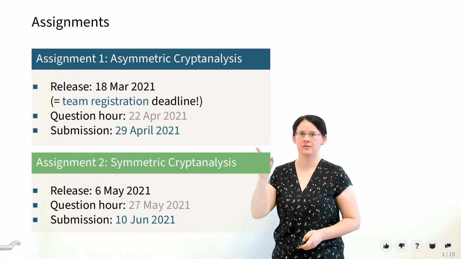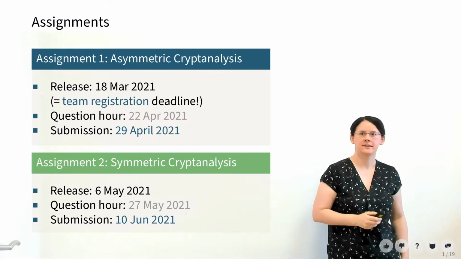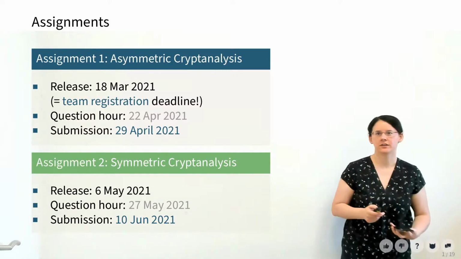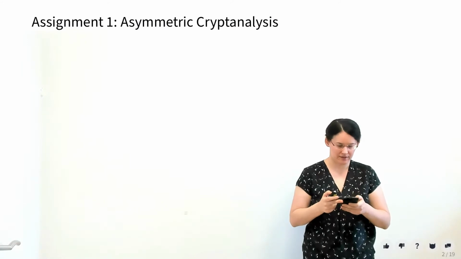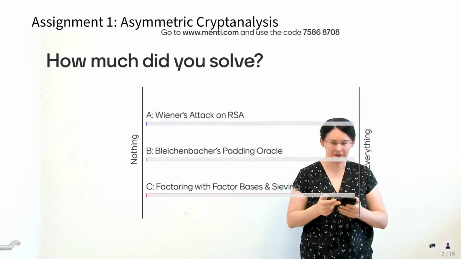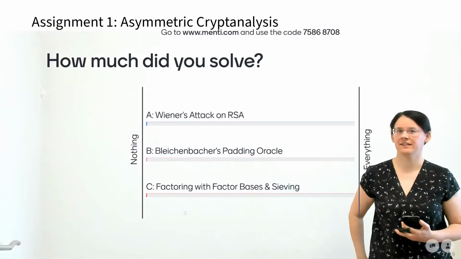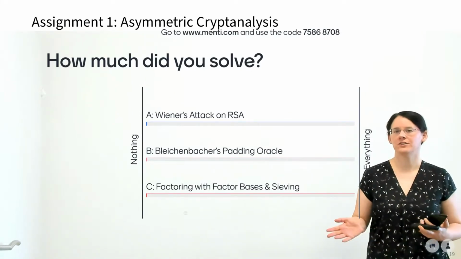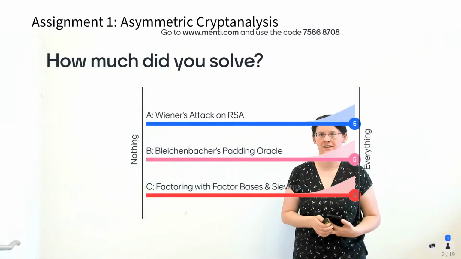Now let's get back to that first assignment for a bit. I also have a few questions for you here, in order to get some feedback on how well that went. We haven't evaluated the submissions in detail yet, so I was wondering how much did you actually solve? To what extent did your team solve each of the tasks?